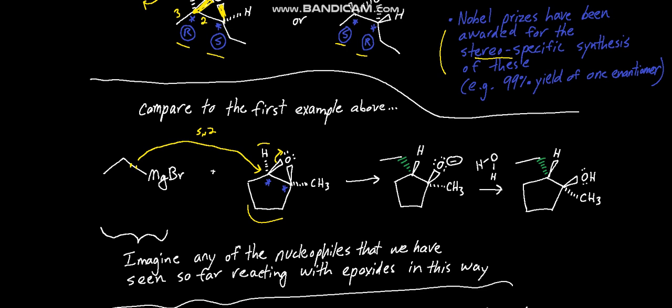And what is the stereochemistry here? Configuration, I should say. 1, 2, 3. This is R. 1, 2, 3. This is S. Okay, so keep track of that. Bond forming, bond breaking, and then we have our new bond that's formed here.